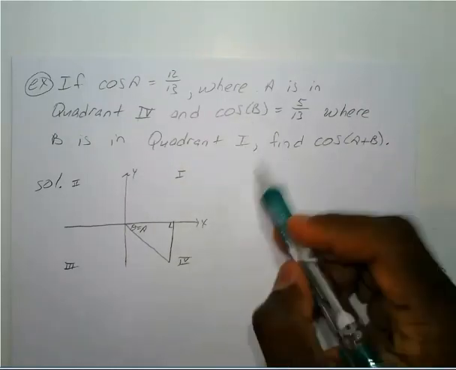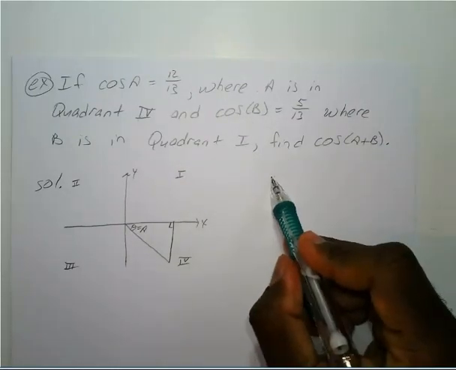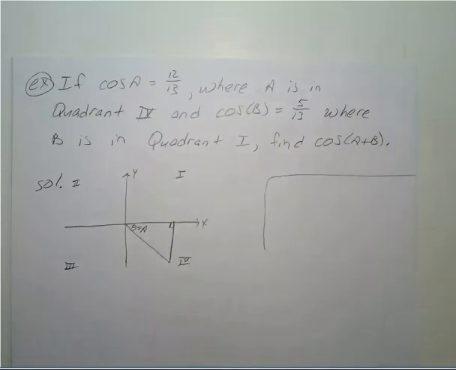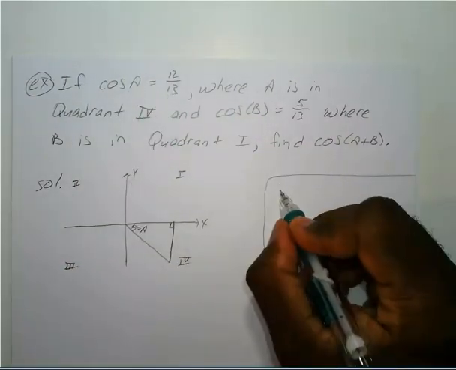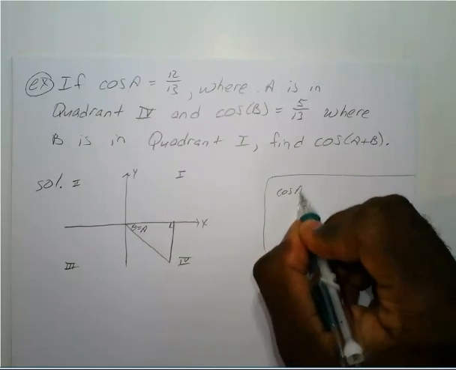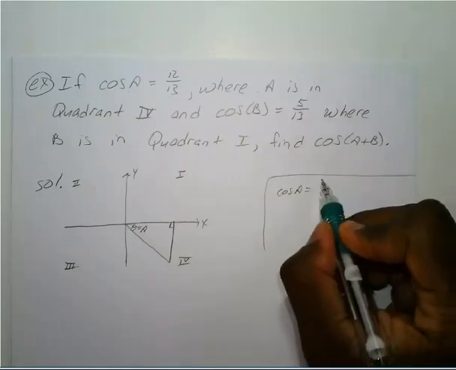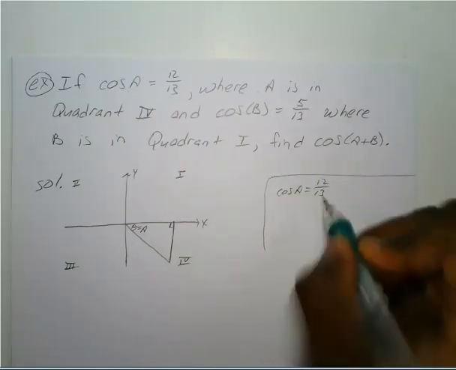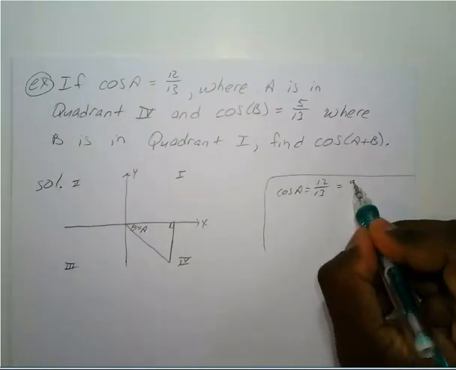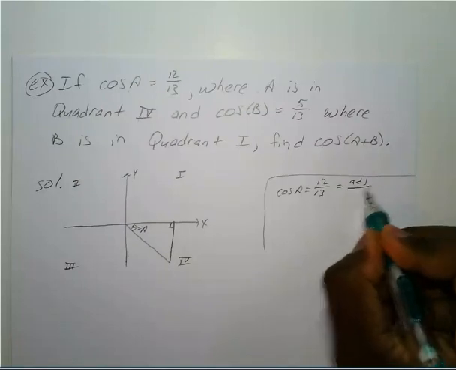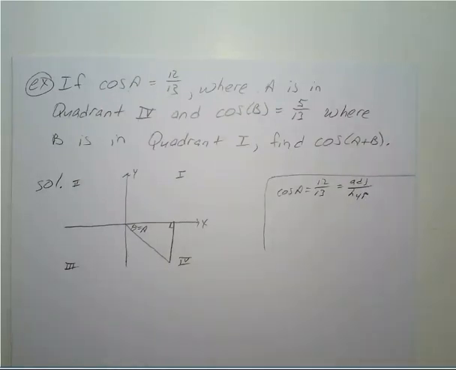Okay. Now, just from the information, we know that cosine of A is 12 over 13. But we also know that cosine is equal to adjacent over the hypotenuse.